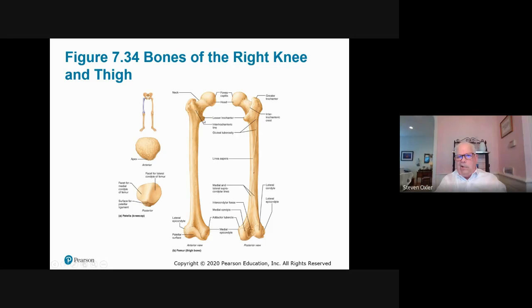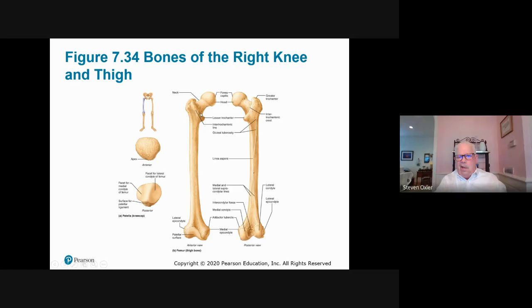You also fracture your femur here, in between the greater trochanter and the lesser trochanter. So most fractures of the femur are either in the neck or in the intertrochanteric line between the greater trochanter and the lesser trochanter. Okay? So that's important.